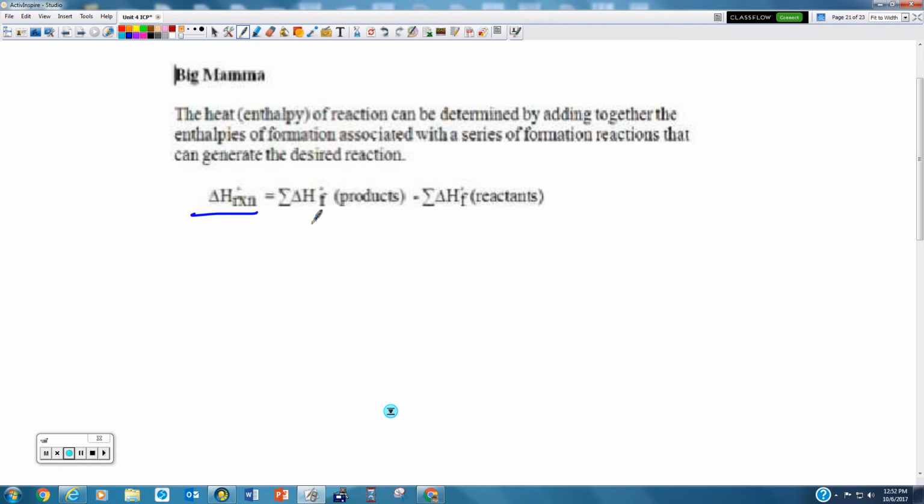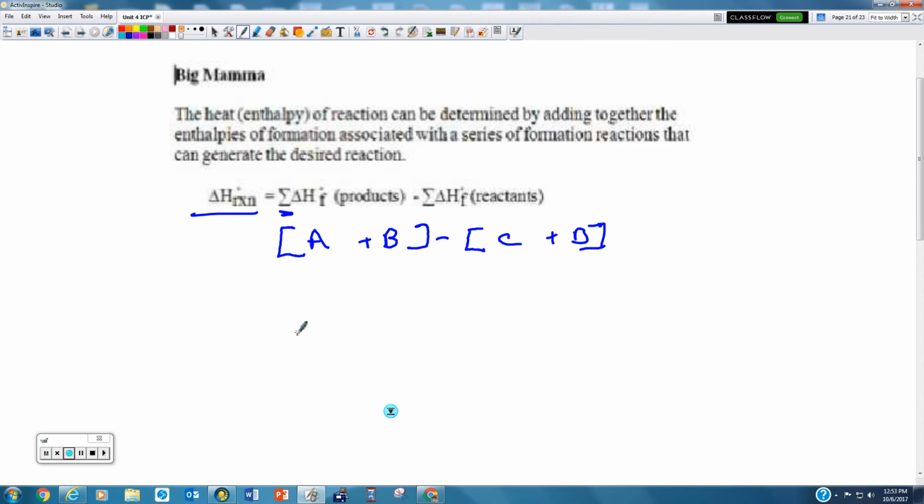The heat of reaction is going to be the sum of the products, so you'll have A plus B, minus the sum of the reactants, so C plus D. When we put this into real working situations, we can get the overall heat of reaction based off of these individual compounds' heat of formation, and it gives us a nice, clean, easy number to deal with.